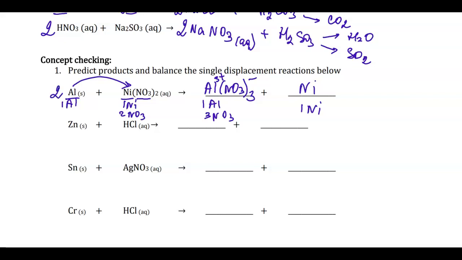So 2 in front of aluminum, 2 aluminum, right, gives us 2 here, 2 aluminum. And now it will be not 3 NO3, but 6. Okay, and to do 6 here, I need to triple this coefficient, right? So 3 NiNO3 2 times, right? And that gives us 3 here and 3 here. Okay, and now I am erasing this.